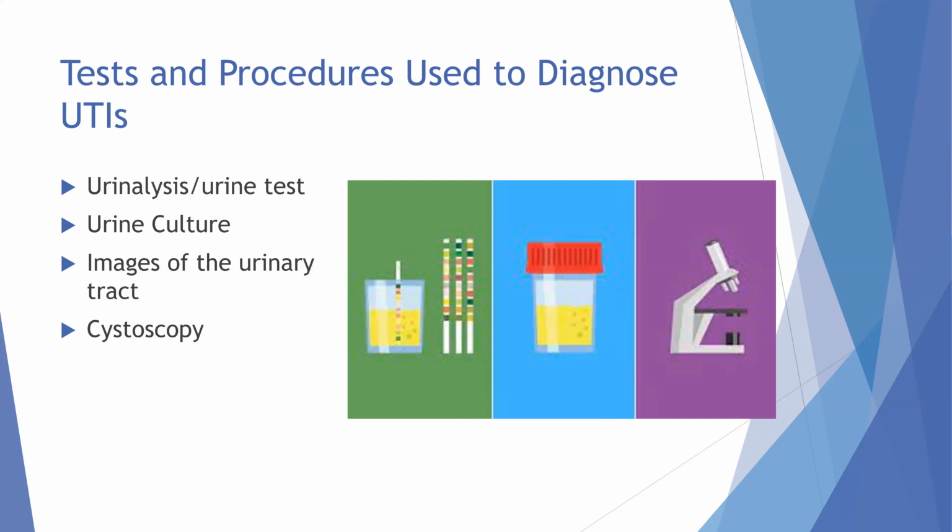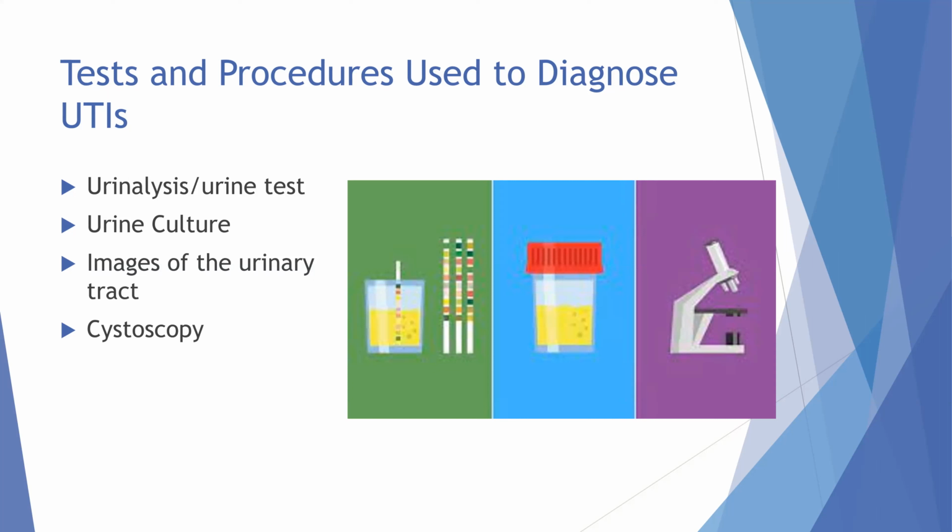If a UTI does not respond to medications, or if there's a frequent recurrence of infection, the healthcare provider may order other tests to check for illness in the urinary tract system. So this might include an ultrasound, pelvic exams, x-rays of the urinary tract, an MRI, CT scans, or a cystoscopy, which is a scope of the urinary tract.